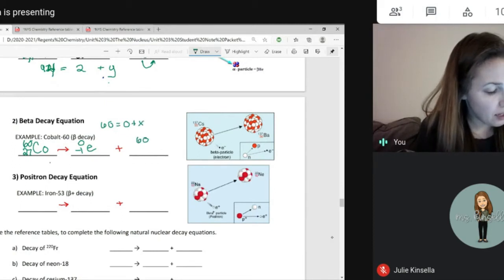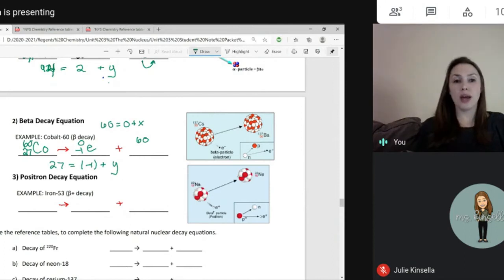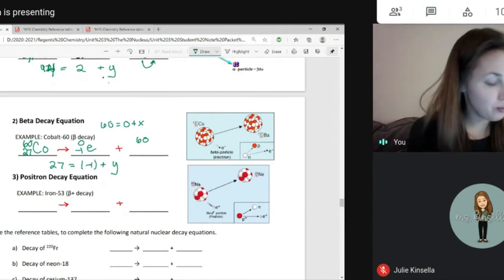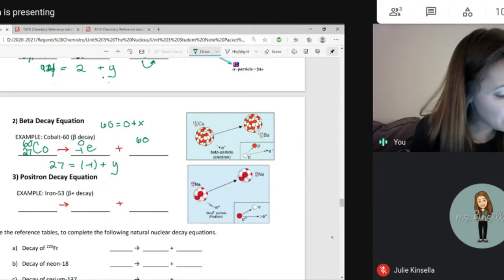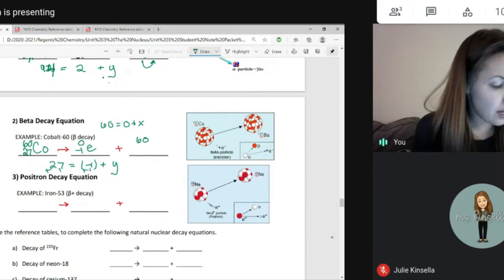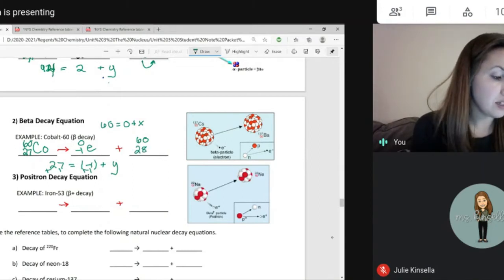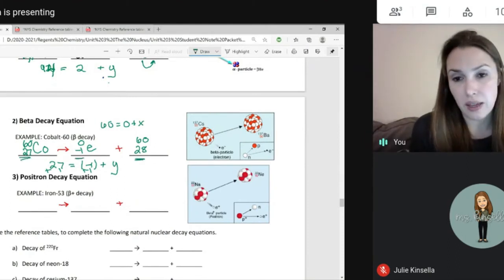On the bottom, I'm going to have 27 has to be equal to -1 plus y. So why is that important? When I go to get y by itself, I have to end up adding 1 to each side in order to get this to cancel out. So y ends up actually being equal to 28. And that should make sense that 28 plus a -1 will give you 27.